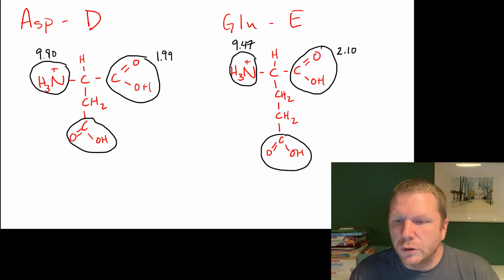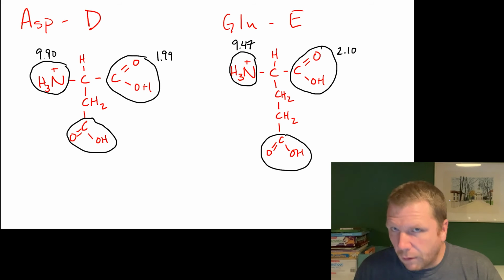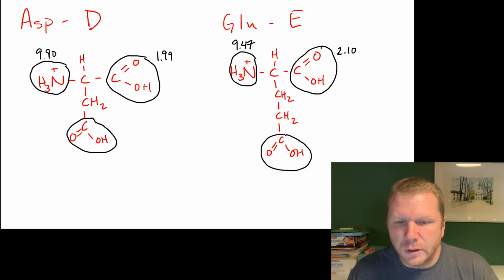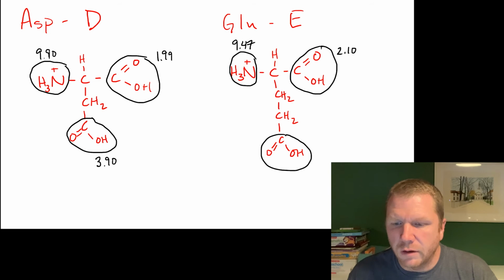Those 2 are pretty comparable to one another. If I move over to my R group, for aspartic acid it has a pKa of 3.90, whereas glutamic acid has a pKa of 4.07.